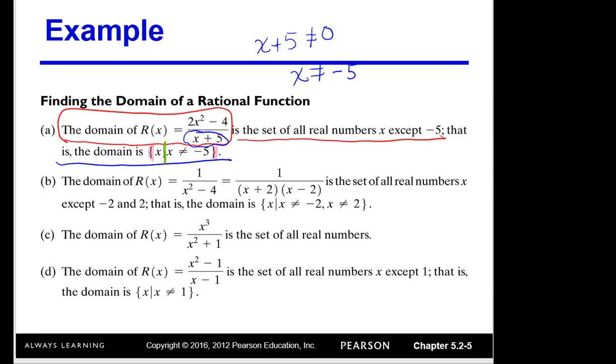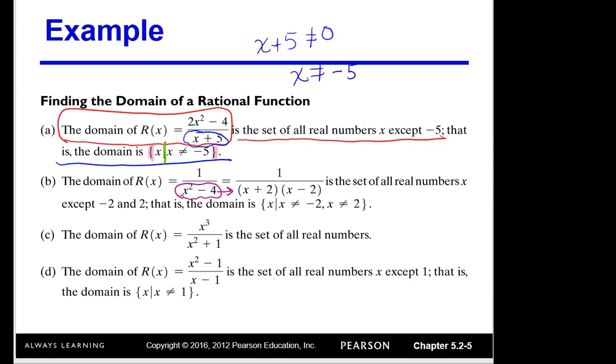Okay, so then on part B, our denominator is a little bit more complicated. It's an x squared minus 4. So they took that x squared minus 4, this right here, and they went ahead and factored it. And then they're like, okay, x plus 2 and x minus 2. x squared minus 4 is the difference of two squares. It factors into conjugates.